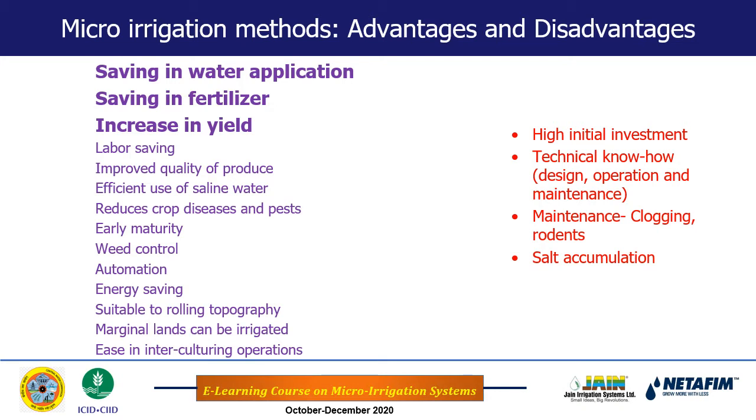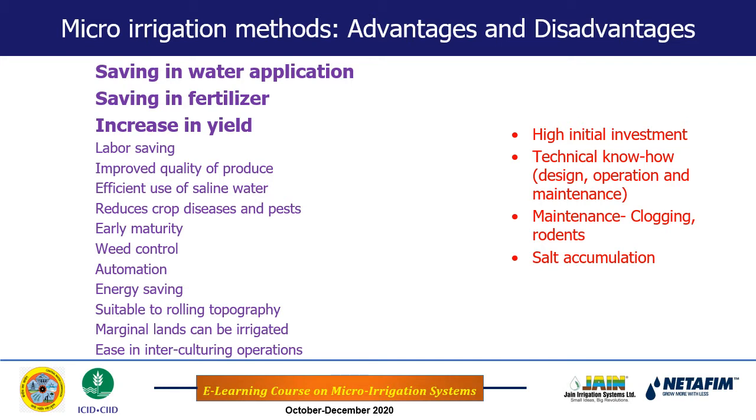The reason lies in the fact that we can apply water at the desired amount, and the plant is not subjected to stress and will grow vigorously. At the same time, we can also apply fertilizers and nutrients frequently with every drop of water as per the need of the crop, which is of course not possible in other irrigation methods. It is possible in the micro irrigation method, and therefore we can get improved quality of produce.